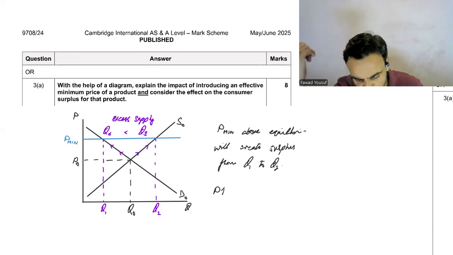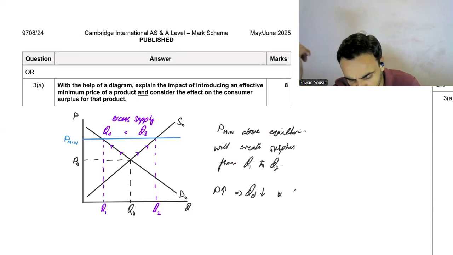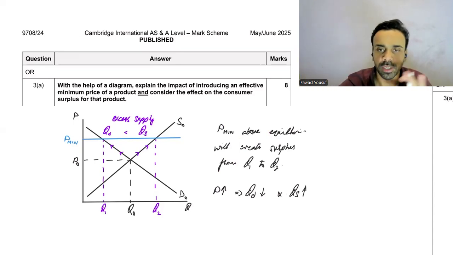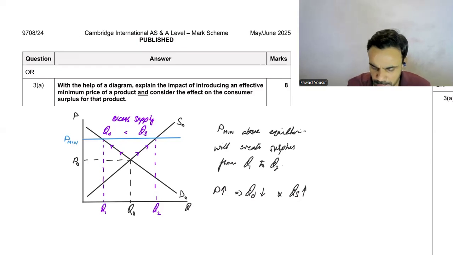So because the price is going up, quantity demanded will fall and quantity supplied will increase, therefore leading to a surplus. I think this would be your sort of like a complete explanation. फिर उसके बाद consider the effect on the consumer surplus for that product.